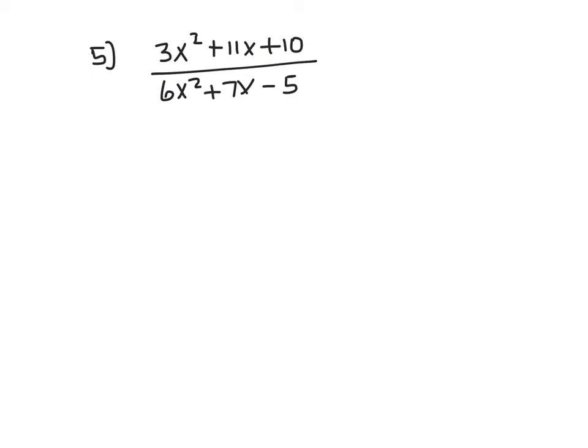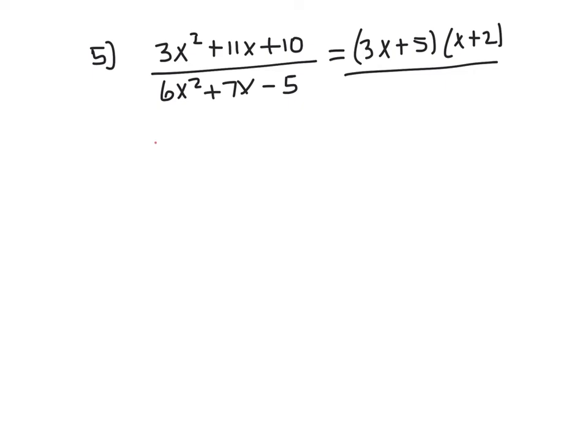So one more example. So let me factor this one. So when I factor the numerator, I get 3x plus 5 and x plus 2. I'll factor the denominator, but this one I'll show my work here.